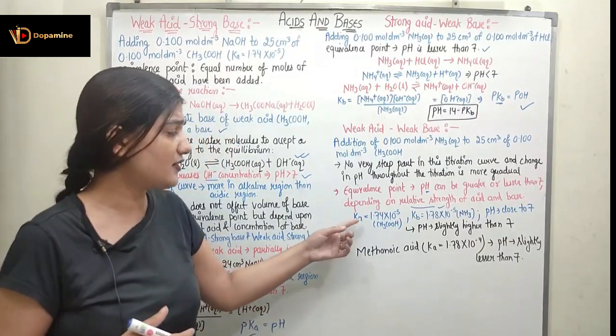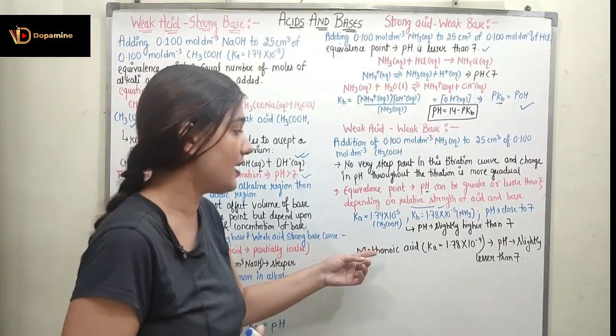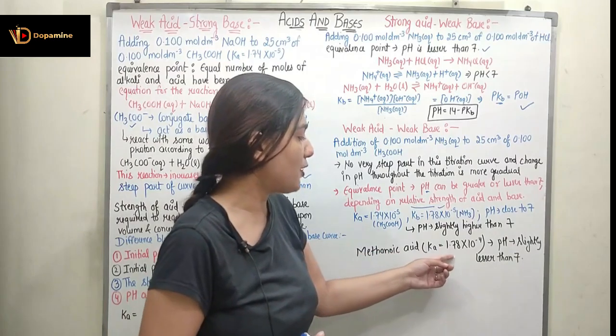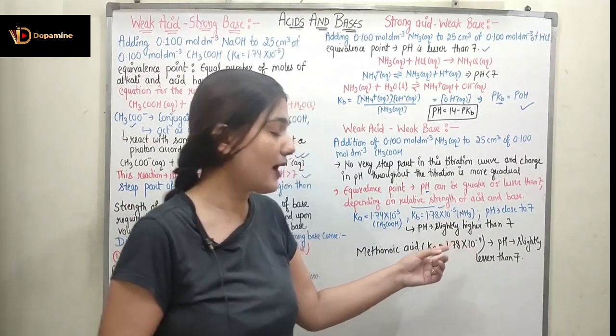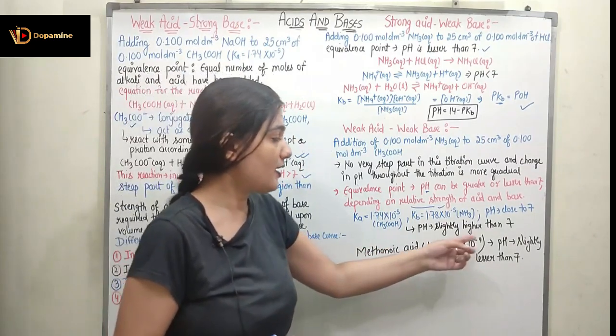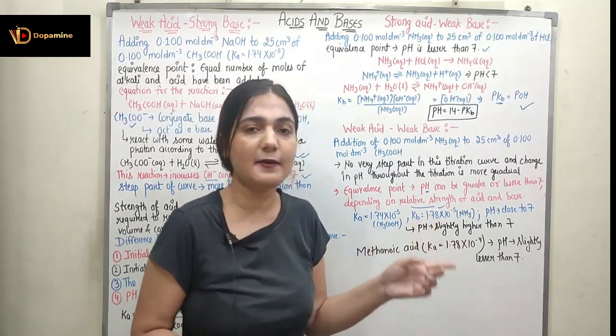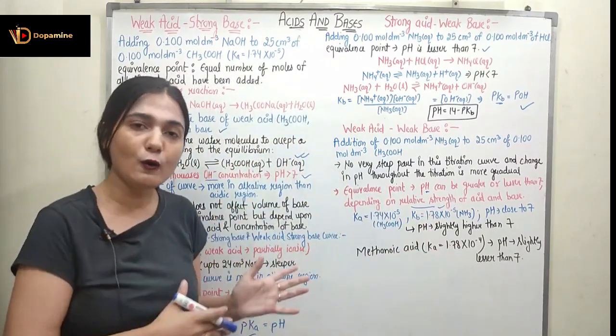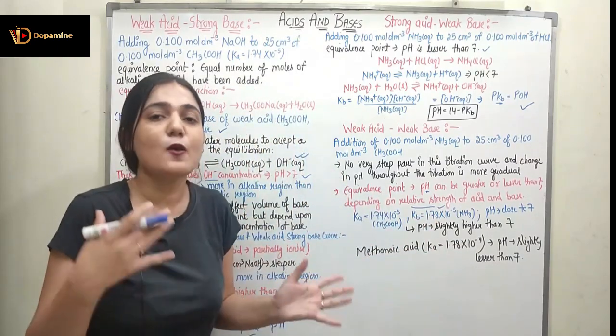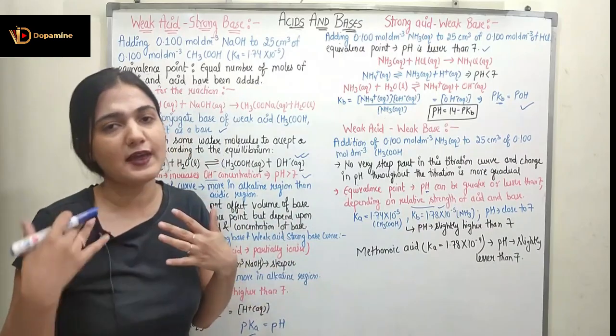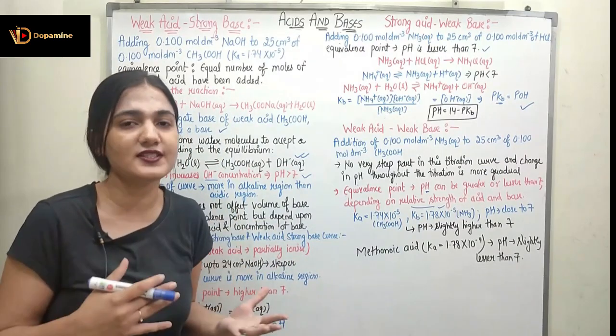If instead of ethanoic acid I take methanoic acid, it has Ka of 1.78 times 10 raised to power minus 4. Here Ka would be greater than Kb and the pH would be lesser than 7. So it depends on which acid and which base I have used and what the strength of each is.